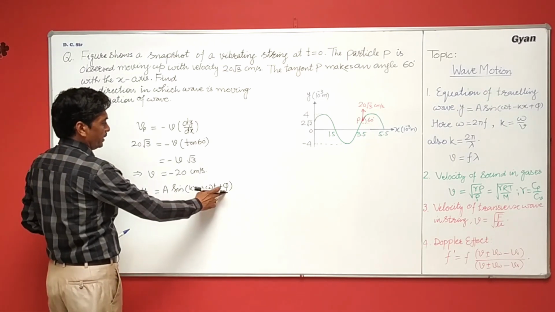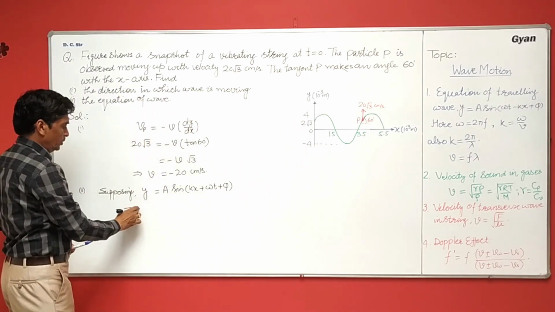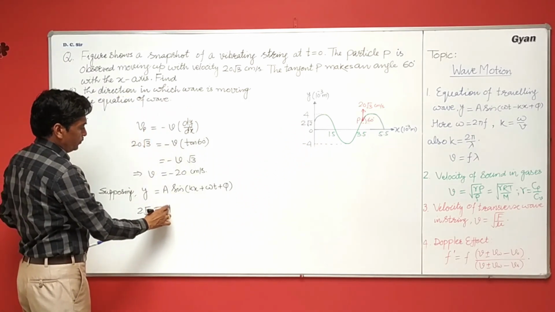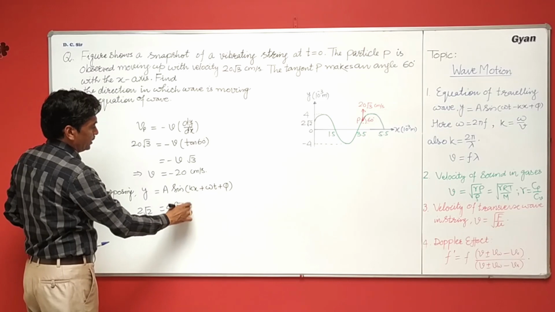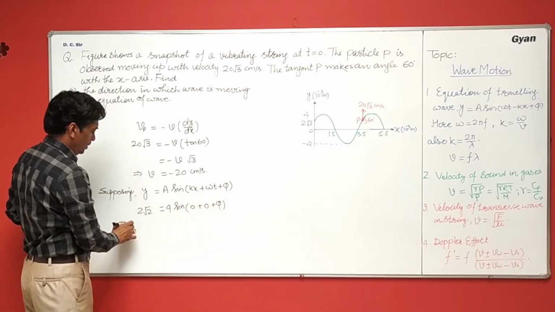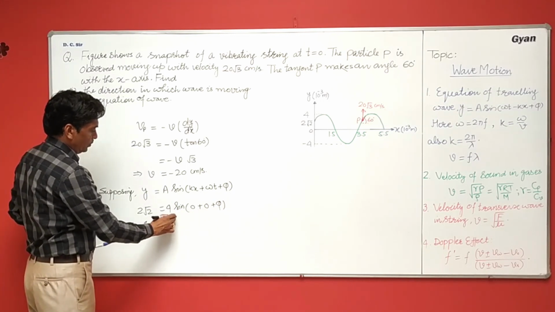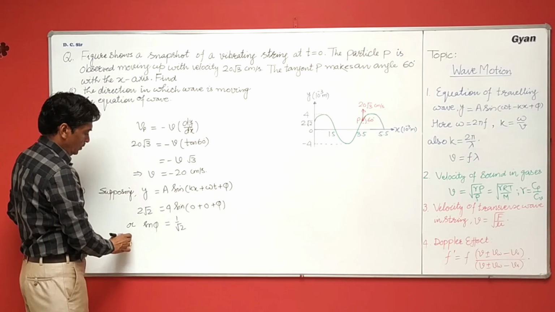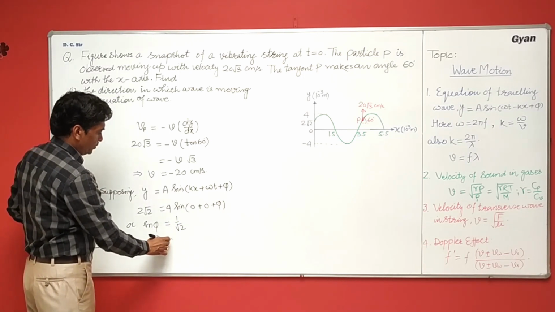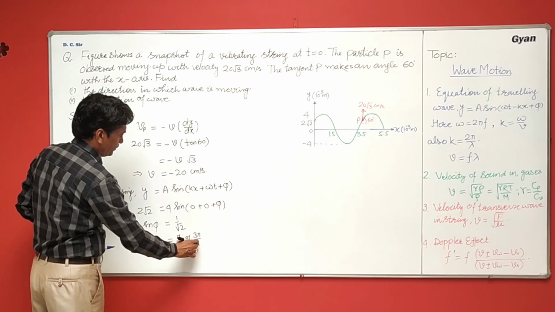So to get φ, we have the initial displacement 2√2. So we put here 2√2 = 4 sin(0 + 0 + φ), or sin φ = 1/√2, or φ = π/4 or 3π/4.